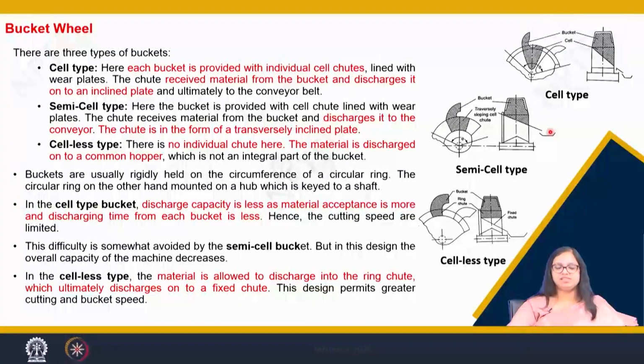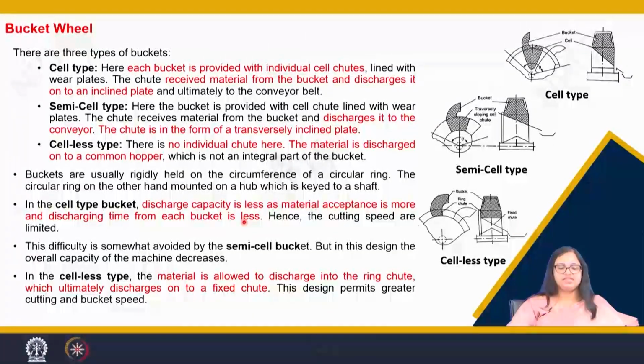However, in the cell-less type, there is no chute, but there is a ring provided just below the bucket. Now, when the material is cut and collected by the bucket, it is directly transferred onto this ring chute, and through this ring chute it directly falls onto this fixed chute at the bottom, which again transfers the material onto the conveyor belt.